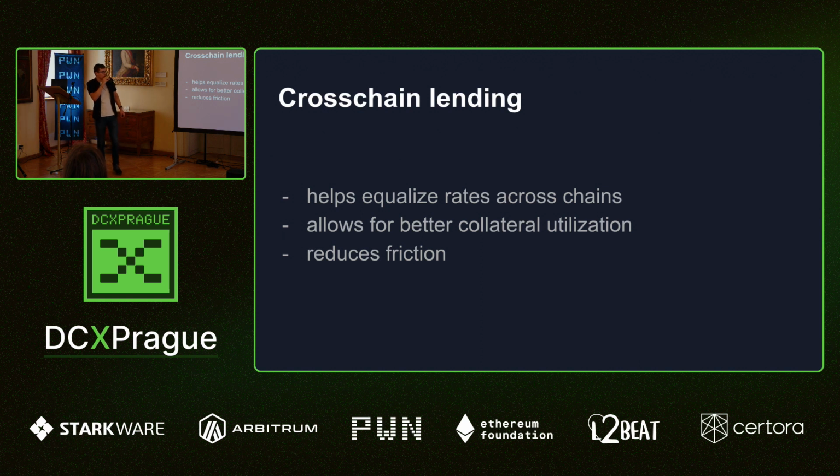For example, these are probably not accurate numbers, but you could have Aave on Polygon, where it would offer 80% loan to value, something like that, and then you could have the same thing on Ethereum, where this percentage could be something completely different. So you really would prefer to have the higher loan to value, and you can do this very easily with cross-chain lending.